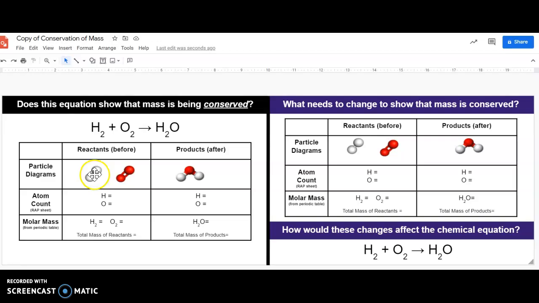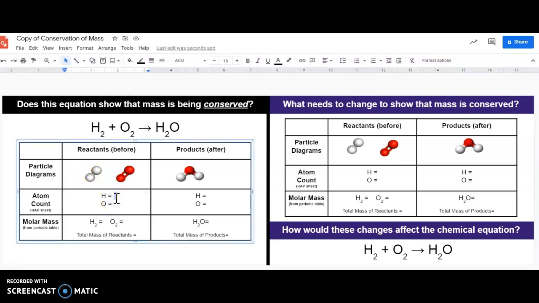So here we have our hydrogen, 1, 2. So we have 2 hydrogen, and we have 1, 2 oxygen, as it says above. Now we want to do the molar mass from the periodic table. If there's 2 hydrogen, 2 times the mass of hydrogen will equal 2 grams.